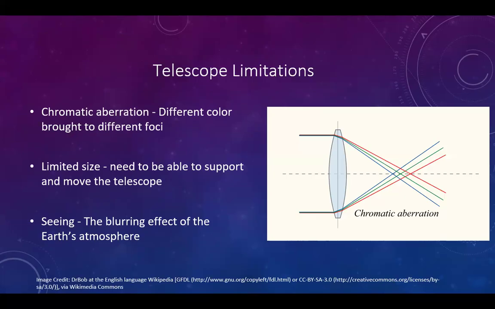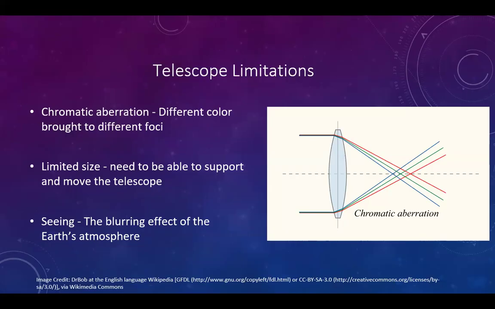Now, some limitations of telescopes. One of the issues that refraction has is something called chromatic aberration, where lenses will act like prisms. They'll bend the light to focus it, but they'll bend each wavelength a little differently. And this creates basically rainbows around a point source of light, like a star.